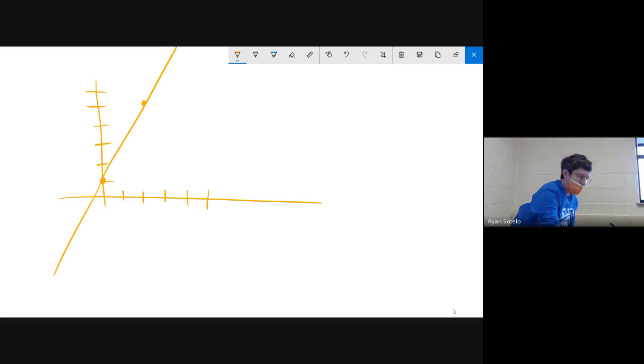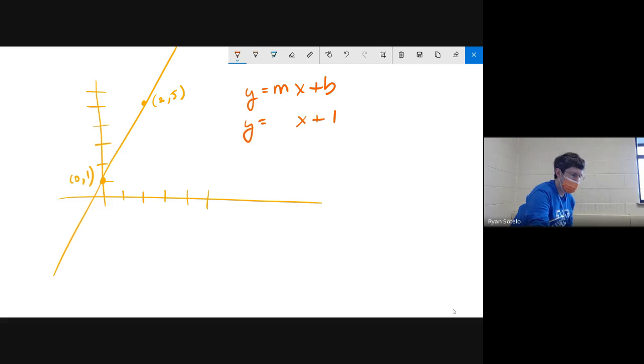So this point is 2, 1, 2, 3, 4, 5. And this point is 0, 1. What's my equation for this line? Where y is equal to mx plus b. So the b is gonna be 1, good.